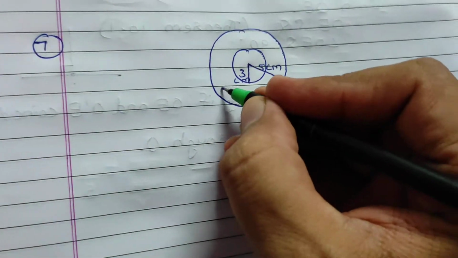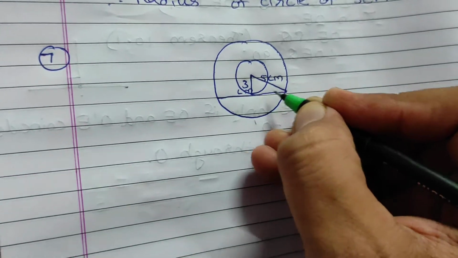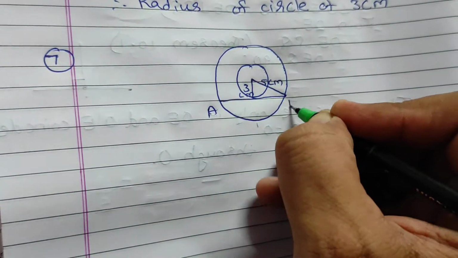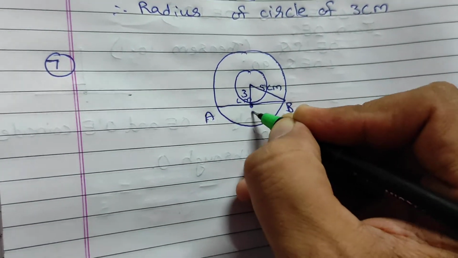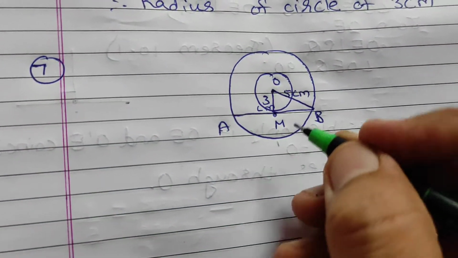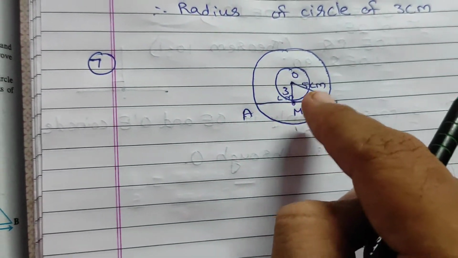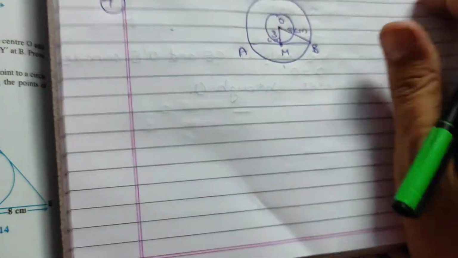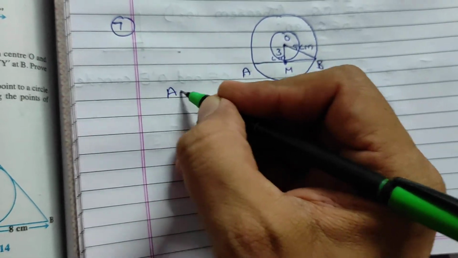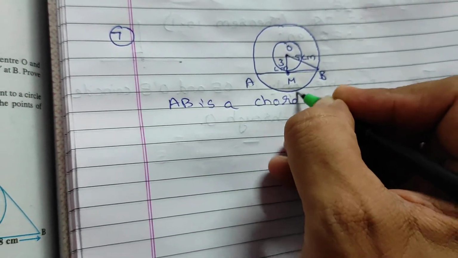So in the larger circle we have to make a chord. Suppose the chord is AB and suppose it intersects the smaller circle at M, and we have to find the length of the chord AB. AB is a chord of larger circle, right? So let's begin.